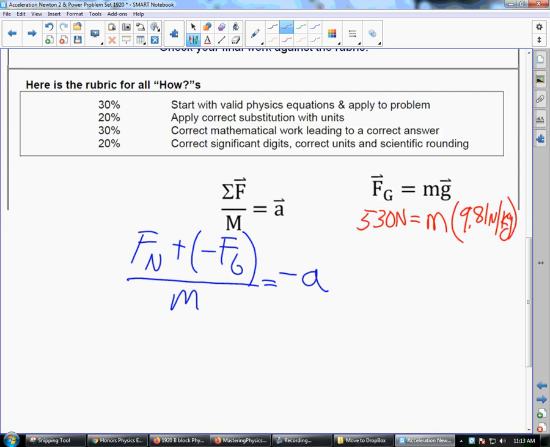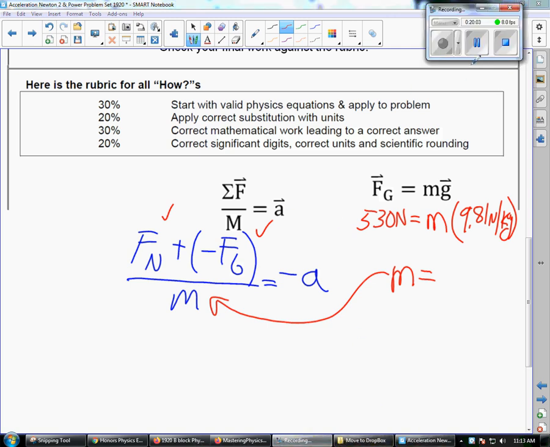And I left out my negative signs because I knew they were going to cancel out. And that will give me my mass, which then I can use over here, and then solve for my a. And I have this value, and I have this value. Happy days are here again. Right? And yeah, questions?